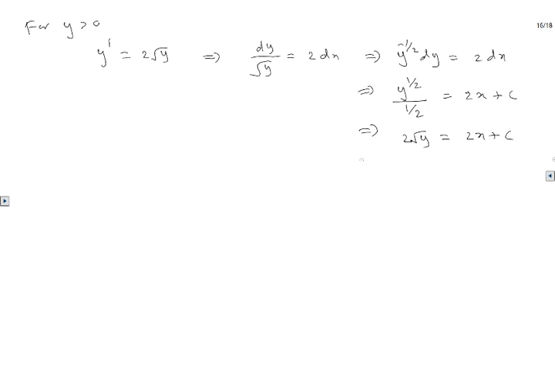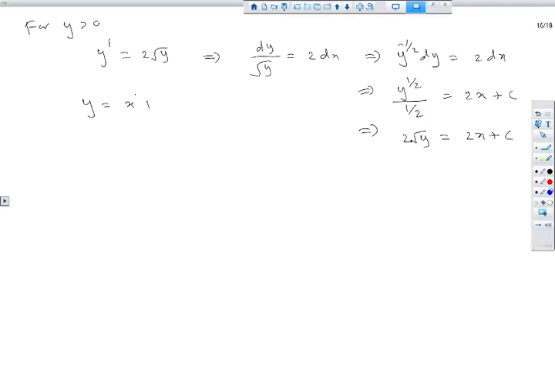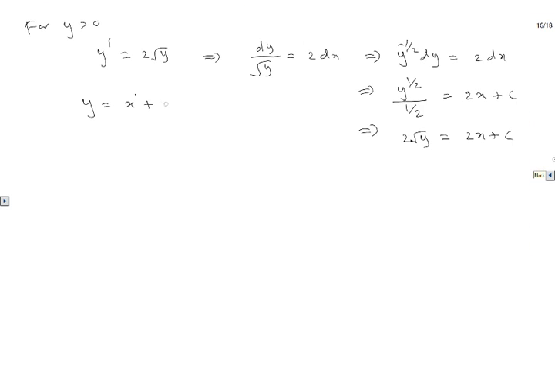If you divide both sides by 2, your solution becomes y equal to x over 2 plus c. First you divide by 2 and then you square it, so you get it like that.